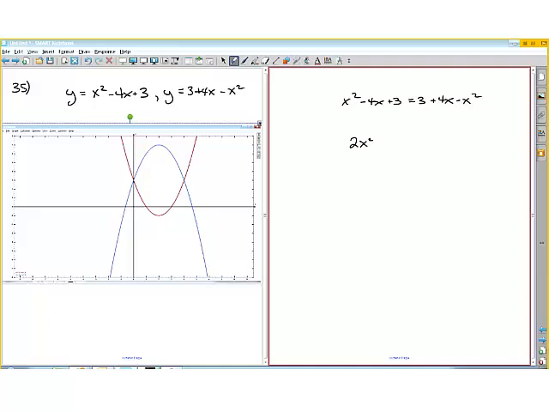And we're going to subtract 4x, so we'll get negative 8x, and we're going to subtract 3, which will give us 0. So it simplifies like that. And we can divide out a 2, so we divide everything by 2. Then we factor out an x, so we get x times the quantity x minus 4 is equal to 0. So the 2 points of intersection are x equals 0 and x equals positive 4, which is what we already knew.